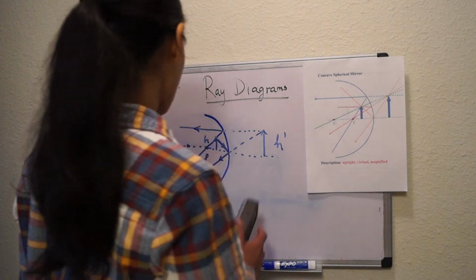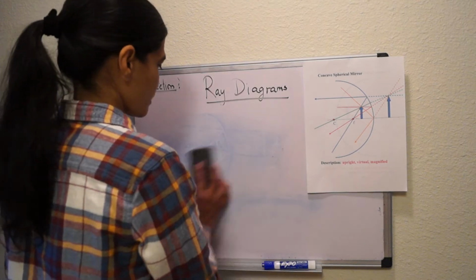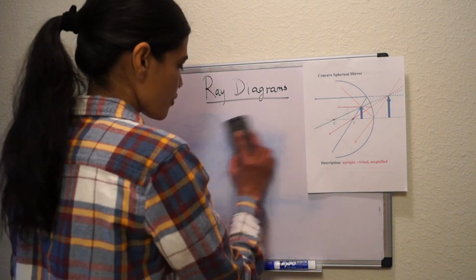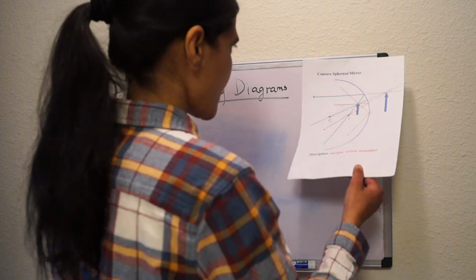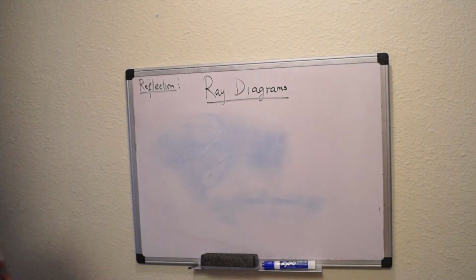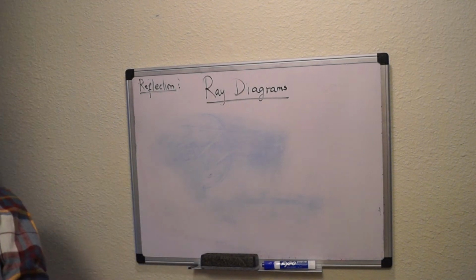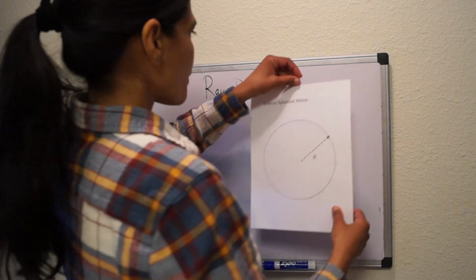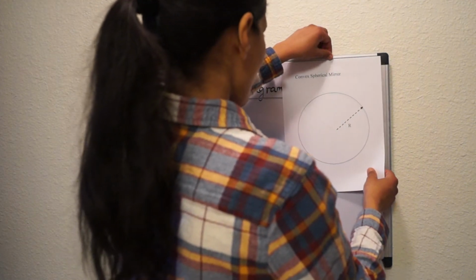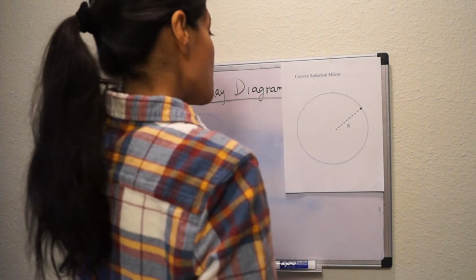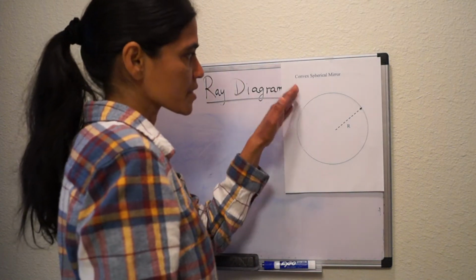Okay guys, so let's look at another type of spherical mirror. I also mentioned a few minutes ago that there is another spherical mirror called the convex spherical mirror.